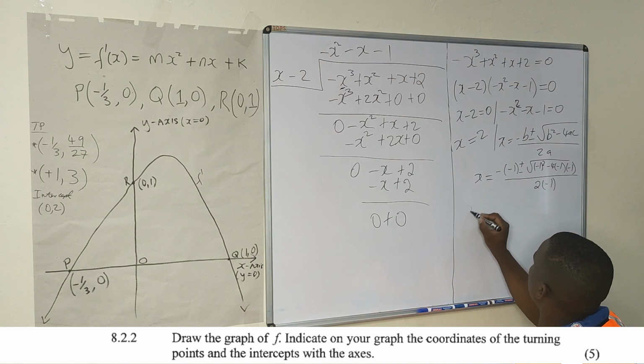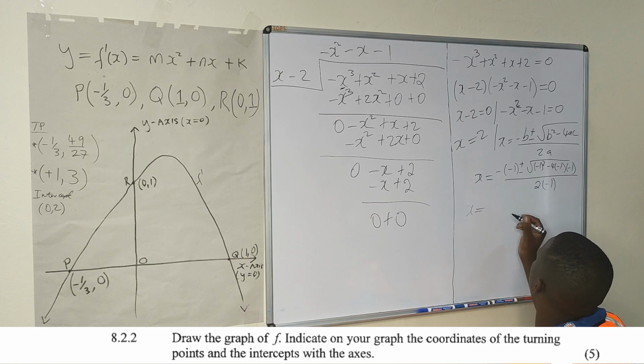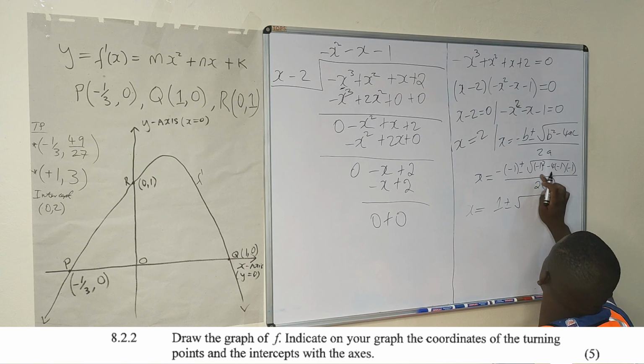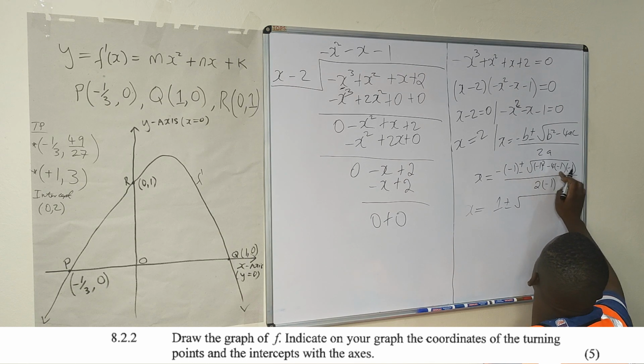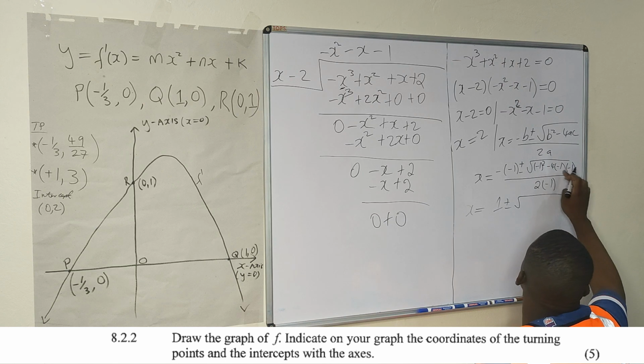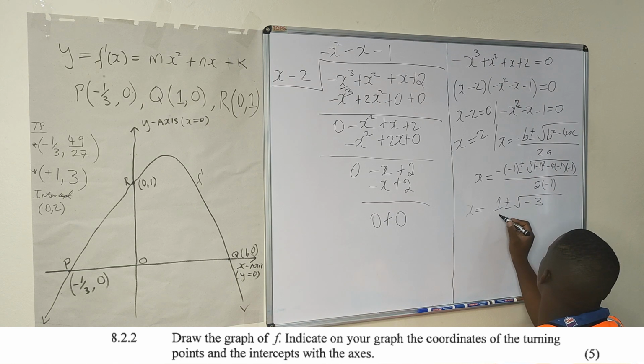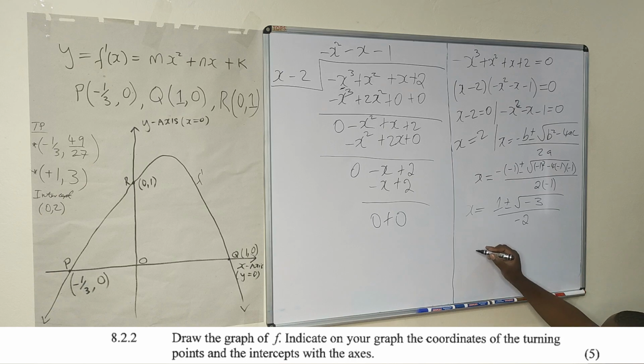What do you have? You have x is equal to 1 plus or minus the square root of... punch this in the calculator. It's 1 minus 4, which is negative 3, all over minus 2. So this doesn't have a real solution.